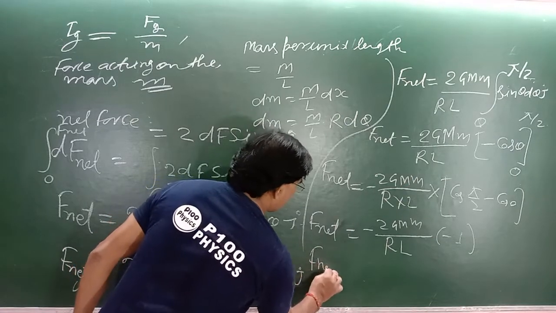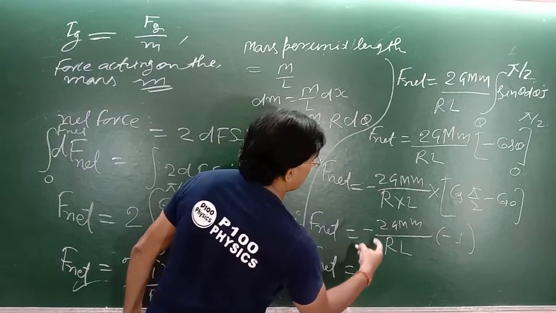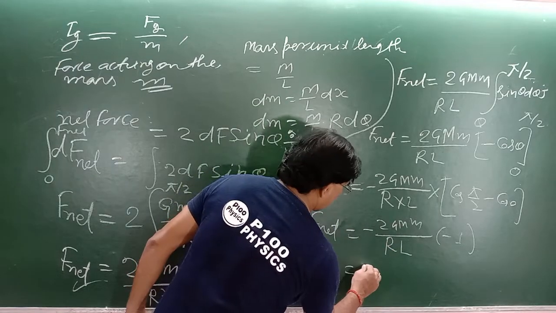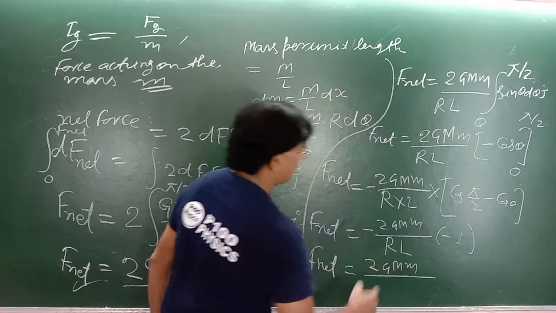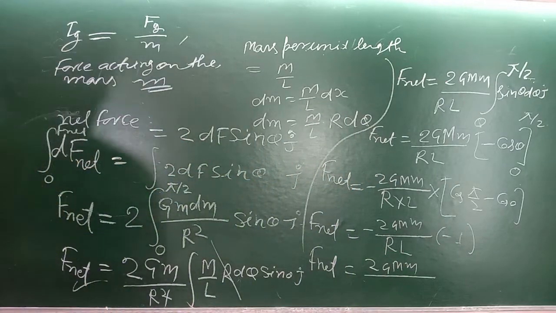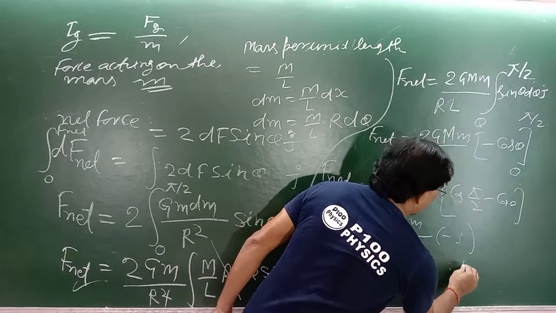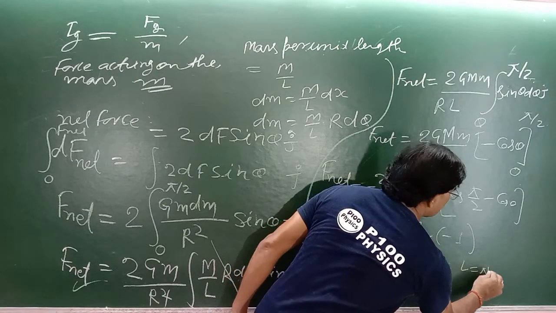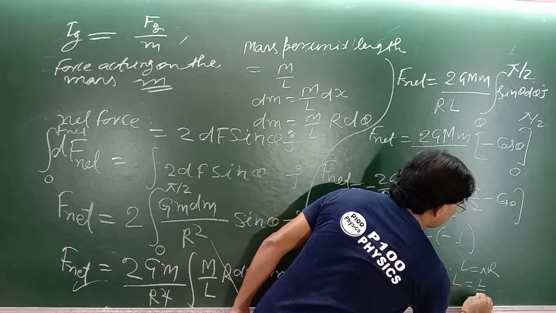Therefore F net will be minus minus plus. This will be 2GmM upon RL. But since you know that L equal to pi R, therefore R equal to L by pi.